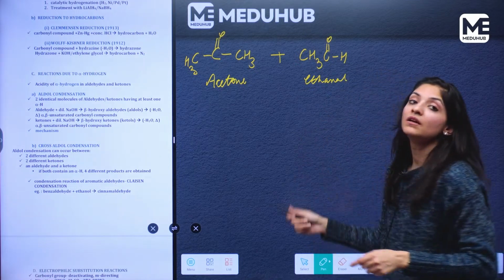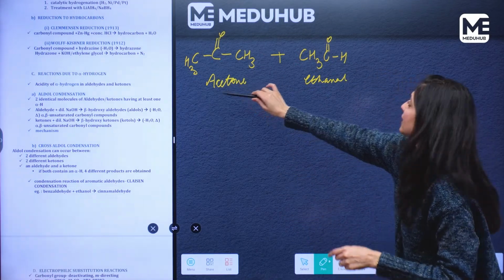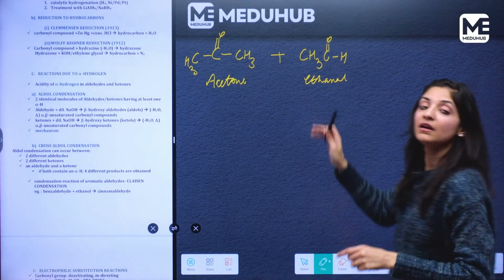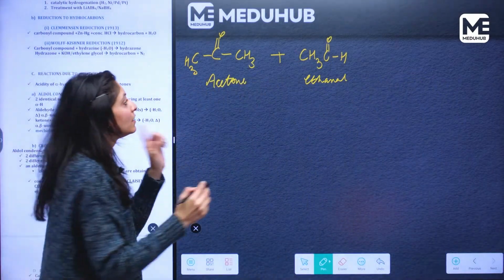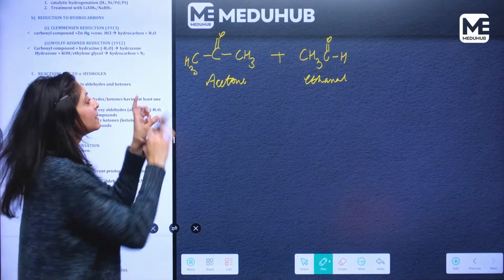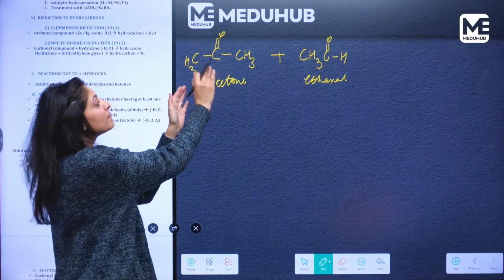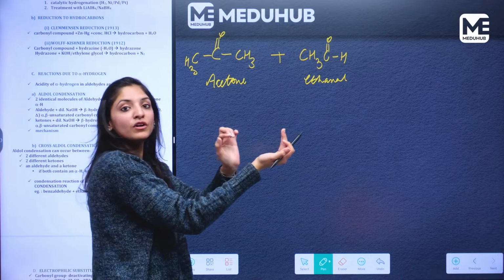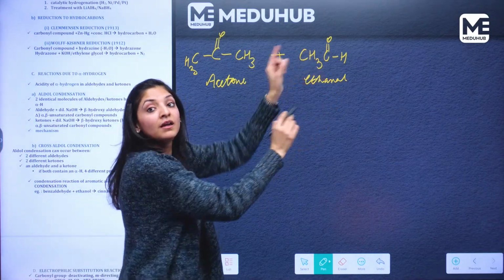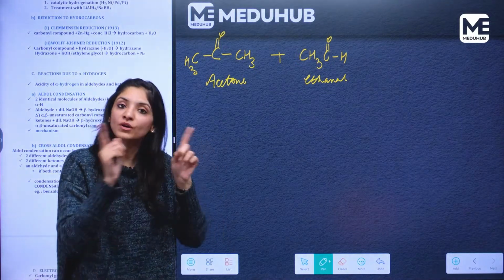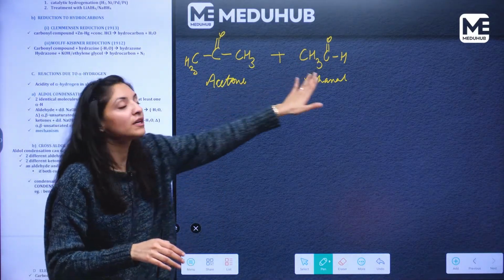So this would mean a ketone is reacting with an aldehyde. In such a scenario, when a ketone reacts with an aldehyde, one, we can easily get the simple aldol products of acetone combining with acetone. The other product would be a simple aldol product of ethanal combining with ethanal. And the third product would be a cross aldol product between acetone and ethanal.